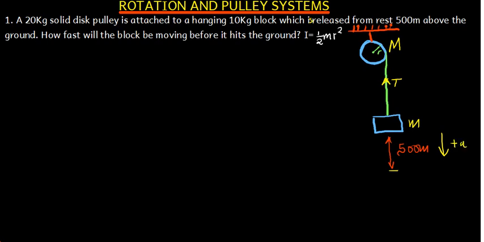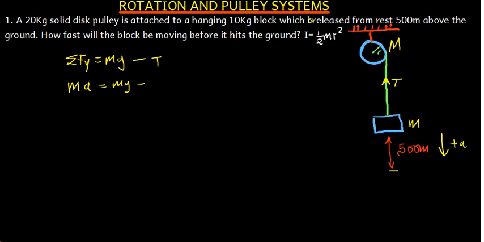So the net force acting on this object is given by what is pulling it down, the weight of the object, mg, but there is also the tension in the opposite direction. The net force is mass times acceleration, and that is mg minus tension.